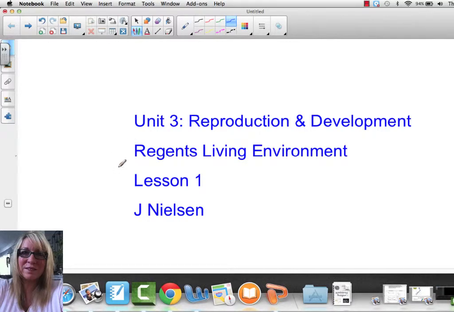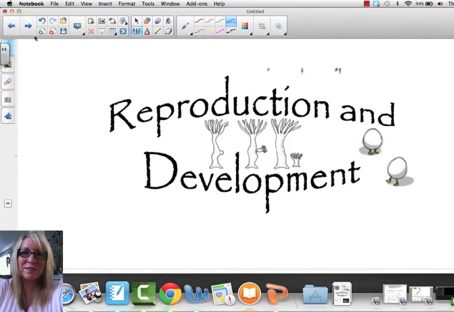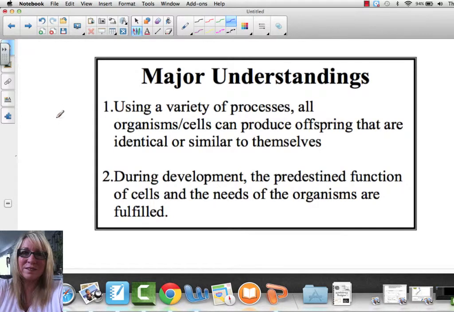Okay, so we're starting a new unit, Unit 3, Reproduction and Development, and this is Lesson 1. Some major understandings we're going to talk about in this unit is that you will be able to use a variety of processes. All organisms and cells can produce offspring that are identical or similar to themselves.